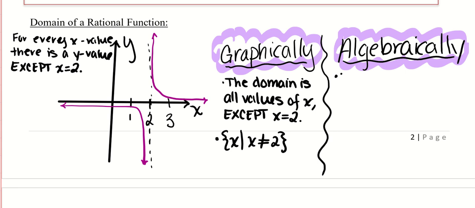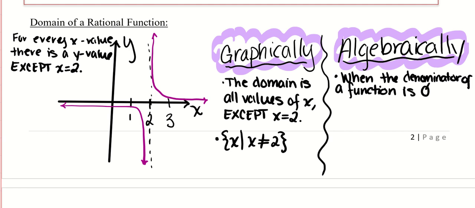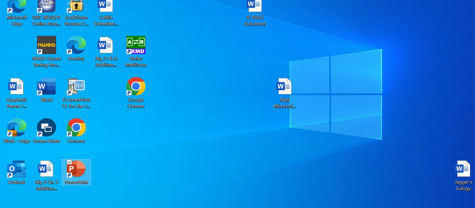So algebraically, to connect the dots, when the denominator of a function is 0, the function is undefined.